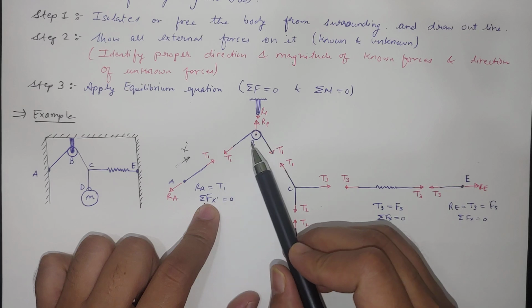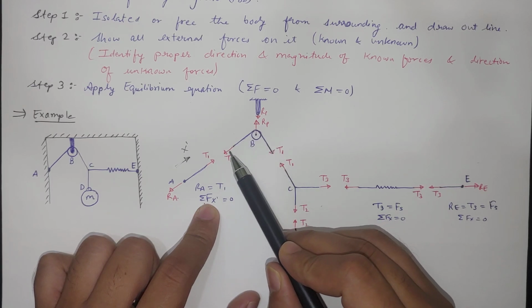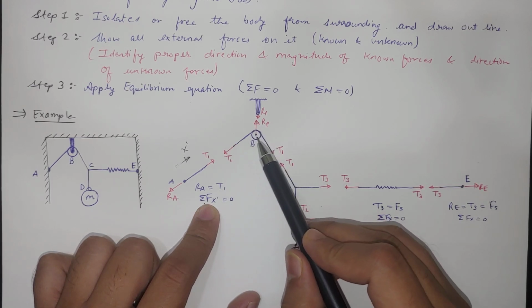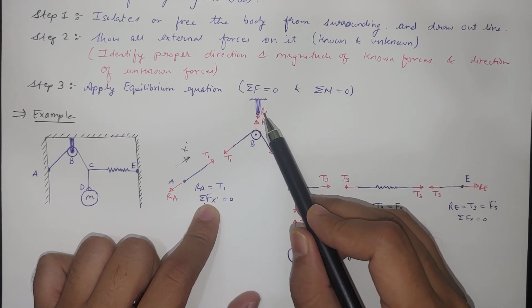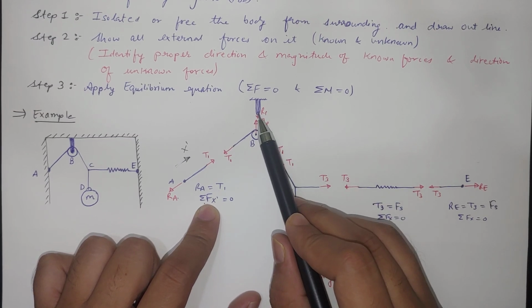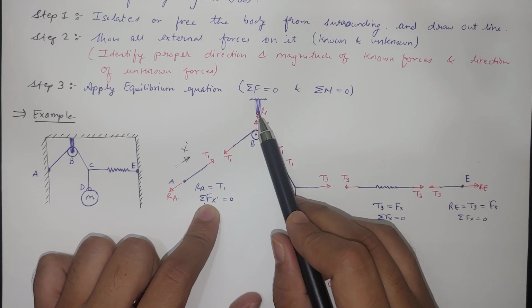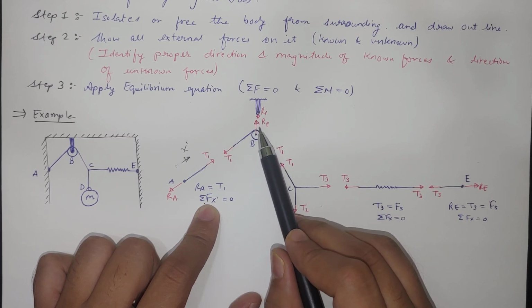Now if we draw the pulley diagram, there is a rope connected on both sides, and there is one force generated by the supporting member. Let's say the member generates the force RP on the pulley.